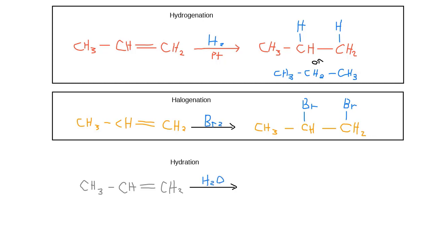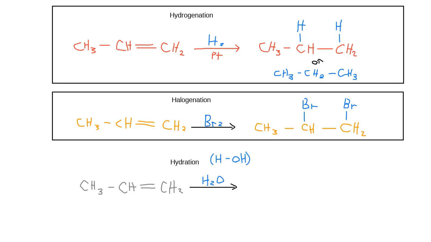Here we are. So, what happens is water actually splits up. And it splits up and is going to place an H on one side and an OH on the other side.